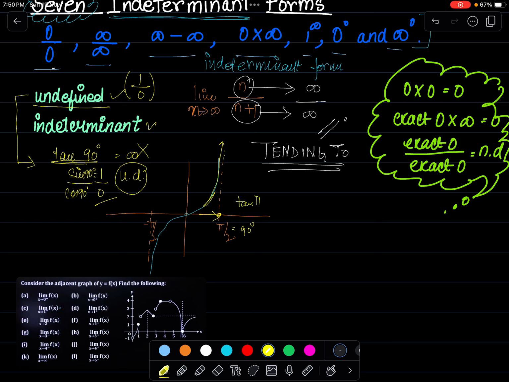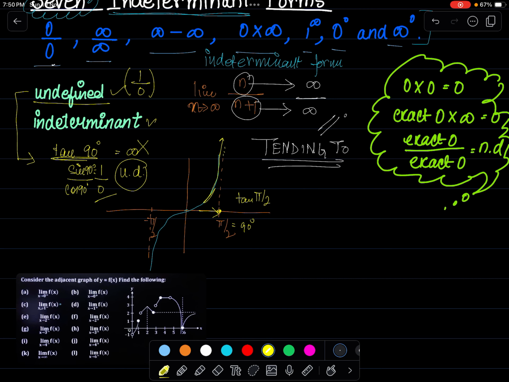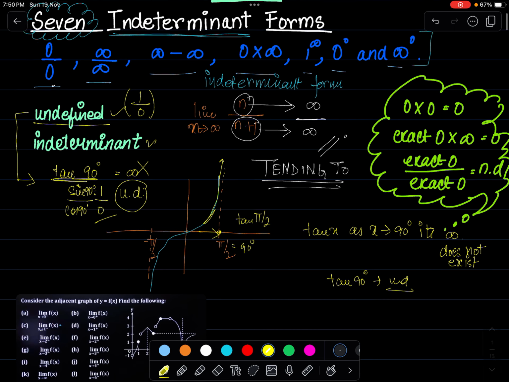Can you see the tan pi by 2 value anywhere in this graph? No. So if I want to say what is tan x as x tends to 90, I will say it's infinity, or I can say it does not exist. But when I say what is tan 90, I would say it is undefined. It's not defined in maths.